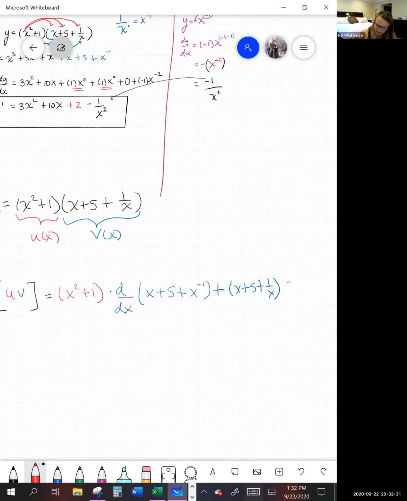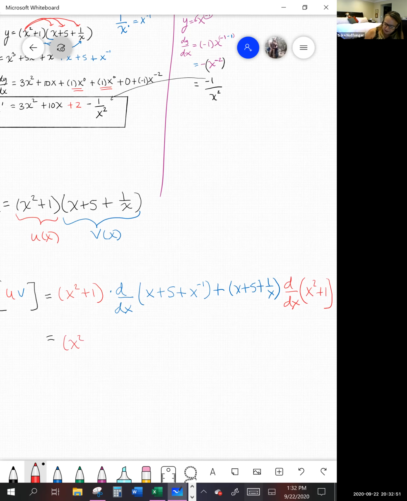So d dx means I haven't taken the derivative yet, and the parentheses tell you what I'm going to take the derivative of. And it was the derivative of the first, x squared plus 1. Okay, so let's bring down the x squared plus 1.